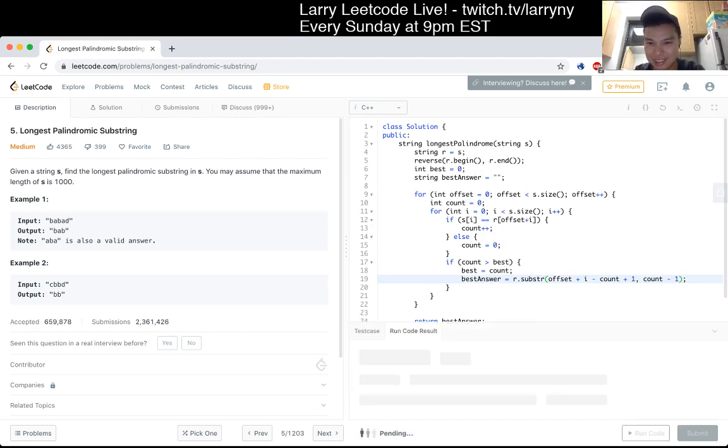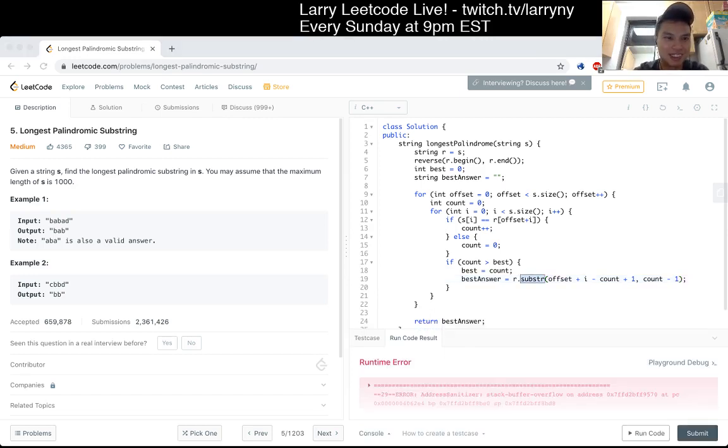Is that a data sub? I'm remembering substring wrong. The second index, the second one, is the length, right? Yes. Yeah, the second one is the length.